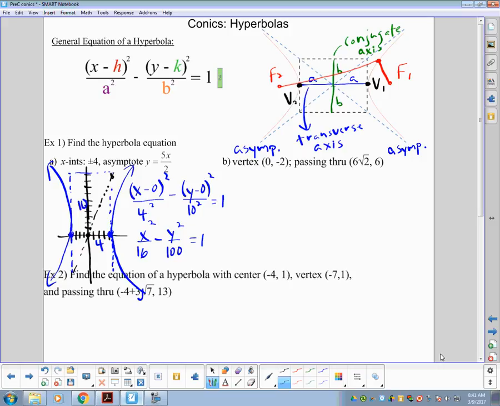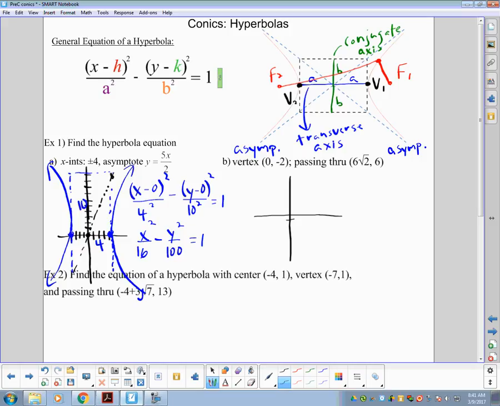Any questions on that? That may be new, getting the box from the asymptote. That's how we go about doing that. This one, we have a vertex at (0, -2). That's one of the two vertices. So that tells me this. I go to graph this.